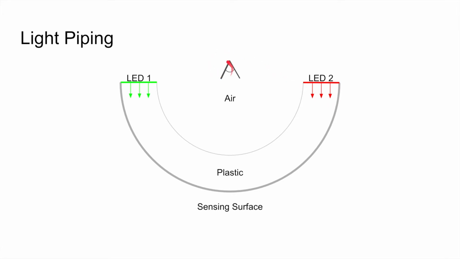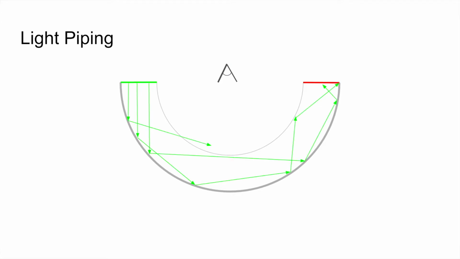And then, of course, we're going to be observing this with the camera, and let's walk through how this actually plays out. We're going to look at only this LED here, emit a few rays and follow their paths.